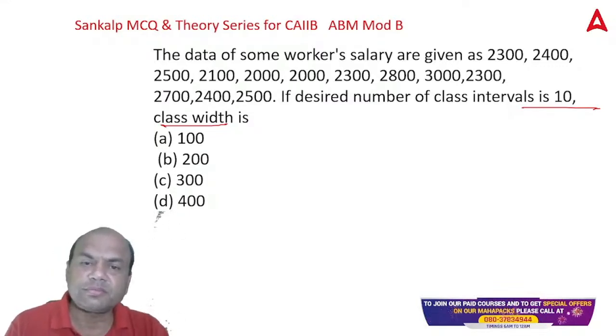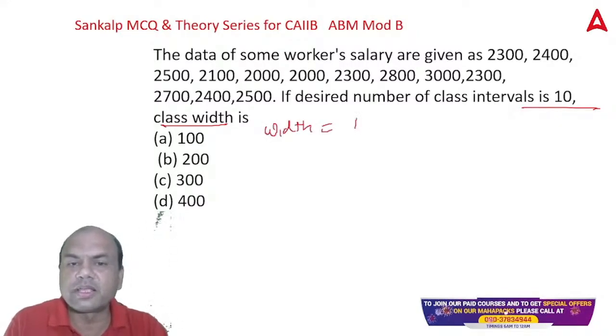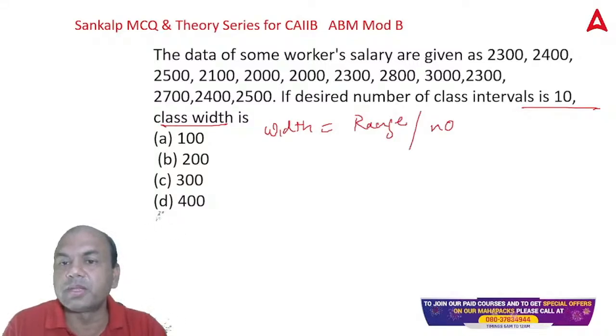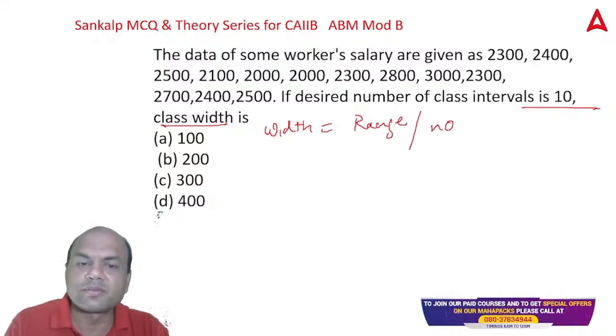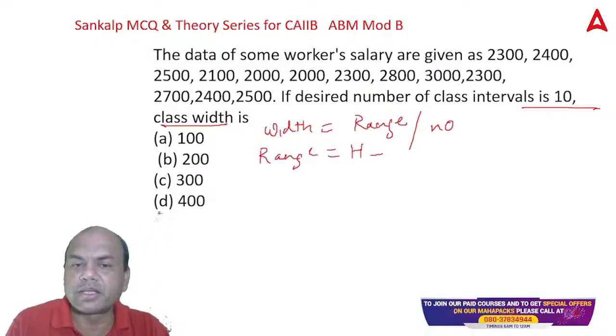Width equals range divided by the number of classes, meaning how many intervals are required. Range equals highest minus lowest. Which number is the highest?